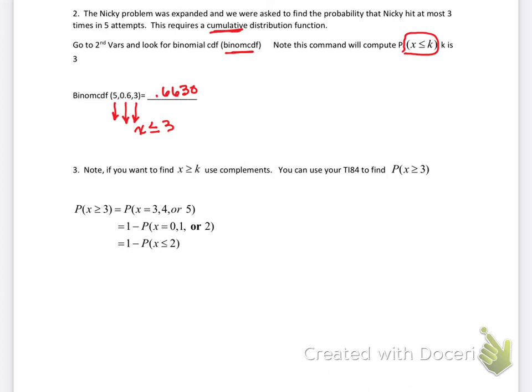We also could have done this the longer way. The probability that x is greater than or equal to 3 is the same thing as the probability that you're getting 3, 4, or 5. Or you can do 1 minus the probability of getting 0, 1, or 2, or 1 minus the probability of getting x less than or equal to 2.